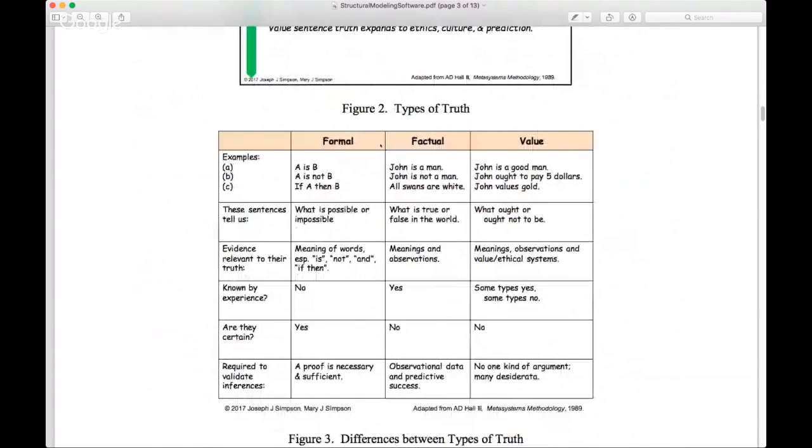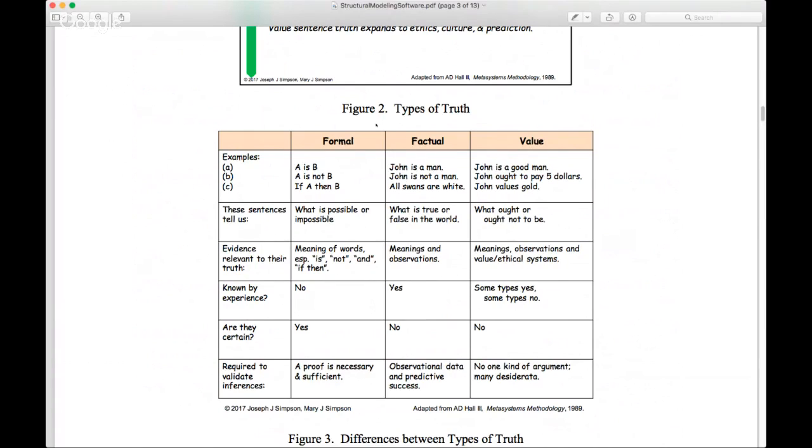And now we have a little bit of expansion of the three types of truth. Again, this is A.D. Hall. This gives an example of these different types of formal, factual, and value truth. I think it's interesting to note that formal is really the only type of truth that's predicated.